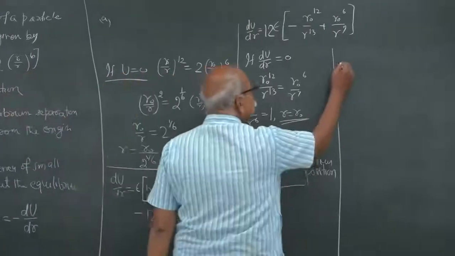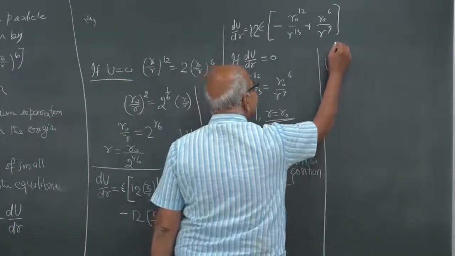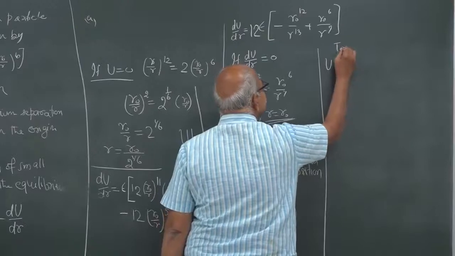Okay. So, u is equal to, this is called the Taylor series.